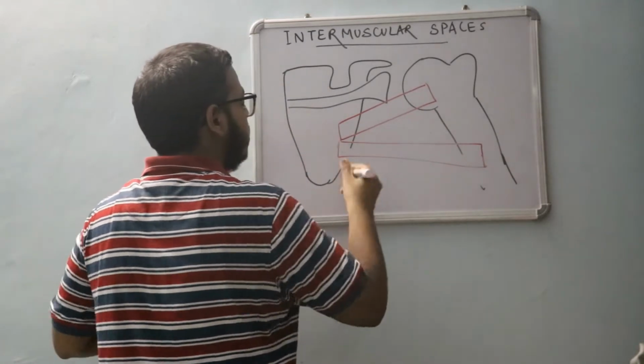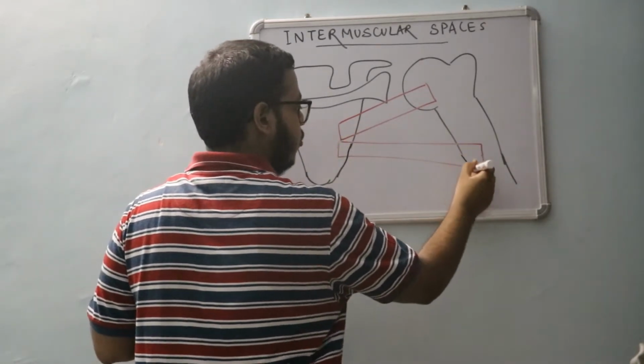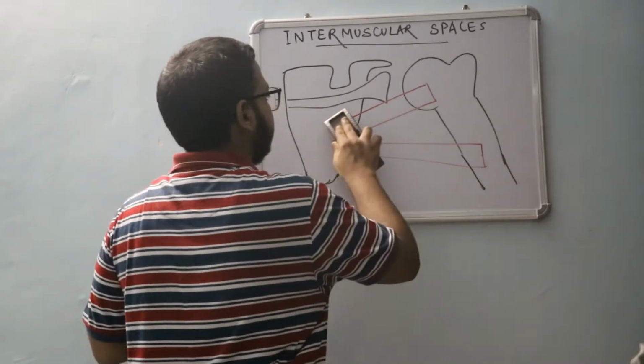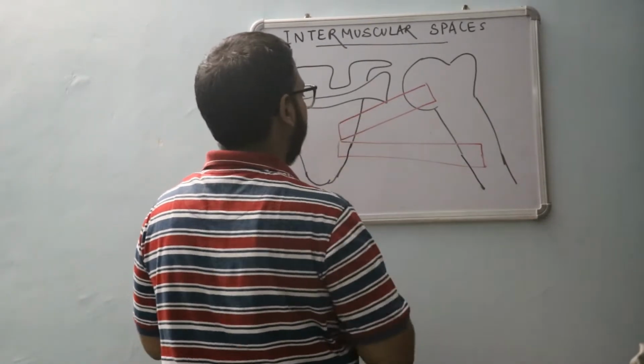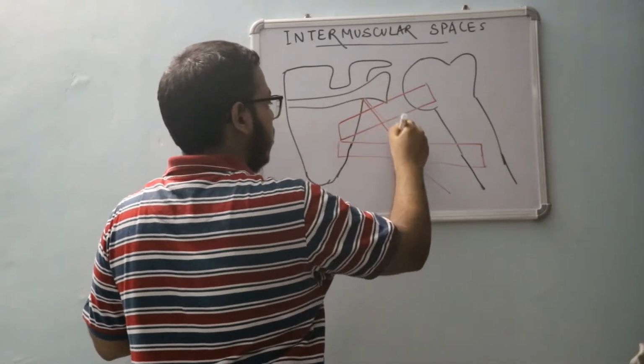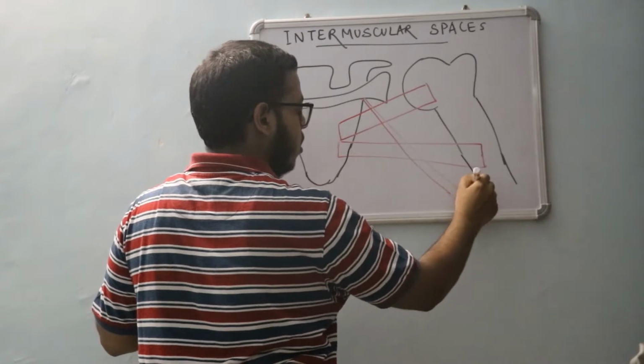So these are the muscles that we have to see, and one more muscle that is coming all the way like this.